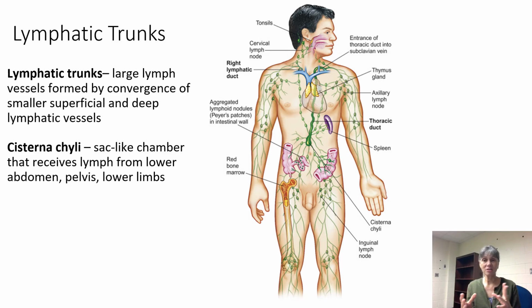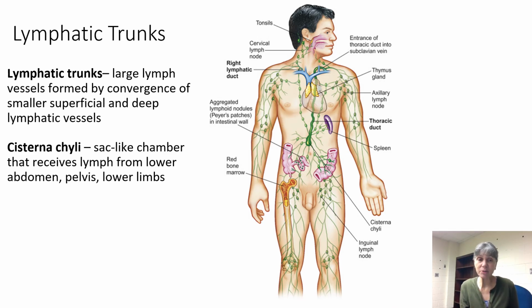So lymphatic trunks merge into lymphatic ducts, which are going to dump into the bloodstream. So we have interstitial fluid that forms from tiny blood vessels as blood pressure forces fluid into the interstitium. That gets picked up by lymphatic capillaries and then eventually dumps back into the bloodstream.